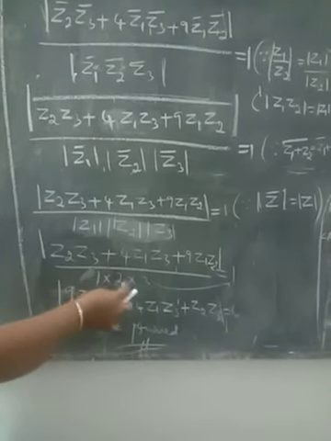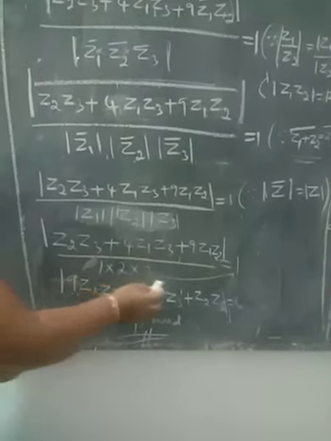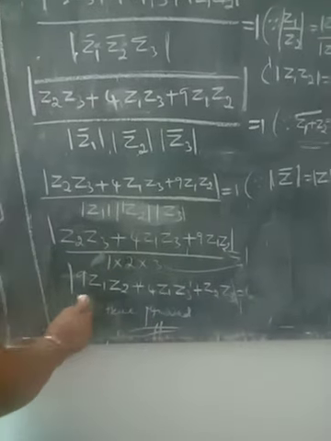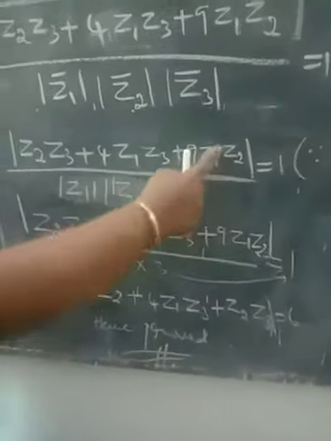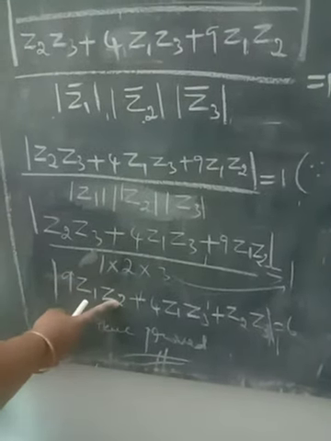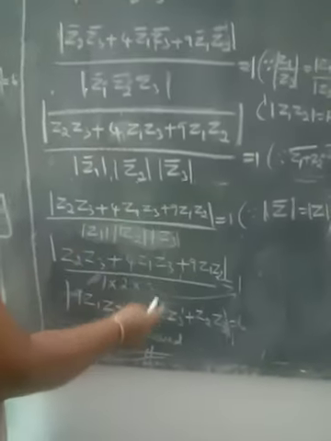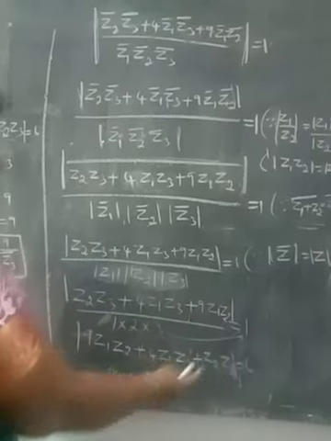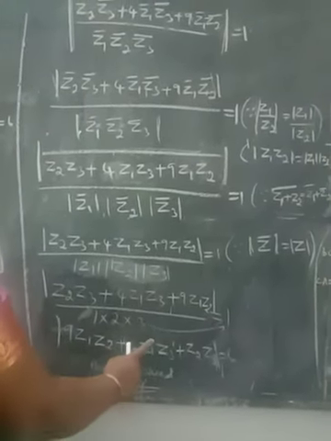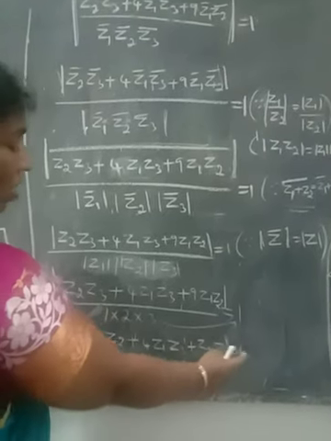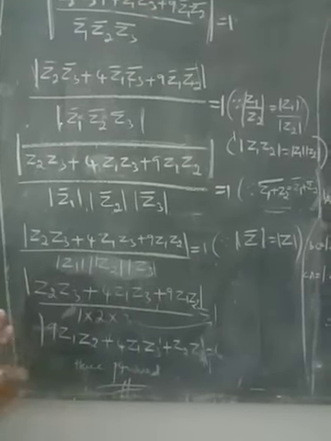If you multiply this, you will get 6. So now cross multiply this 6. So therefore modulus of 9 into Z1 Z2, because the first term here is 9 Z1 Z2, plus second term 4 Z1 Z3 plus third term Z2 Z3. Now we got modulus of 9 Z1 Z2 plus 4 Z1 Z3 plus Z2 into Z3 equal to 6. Hence proved.